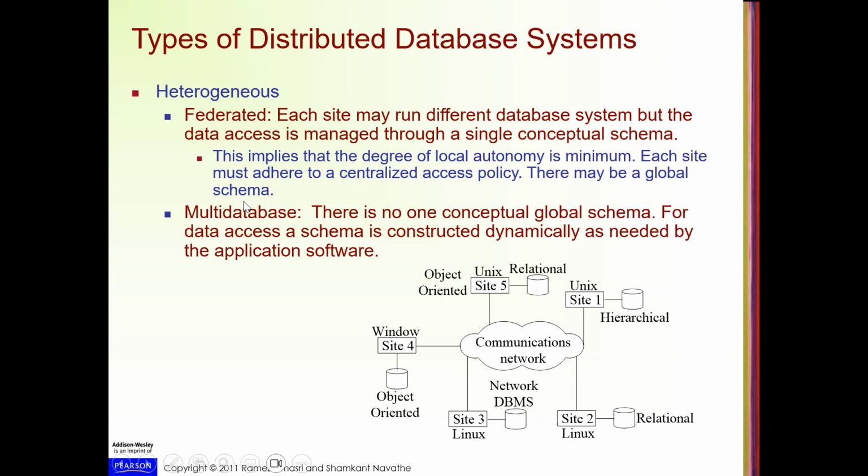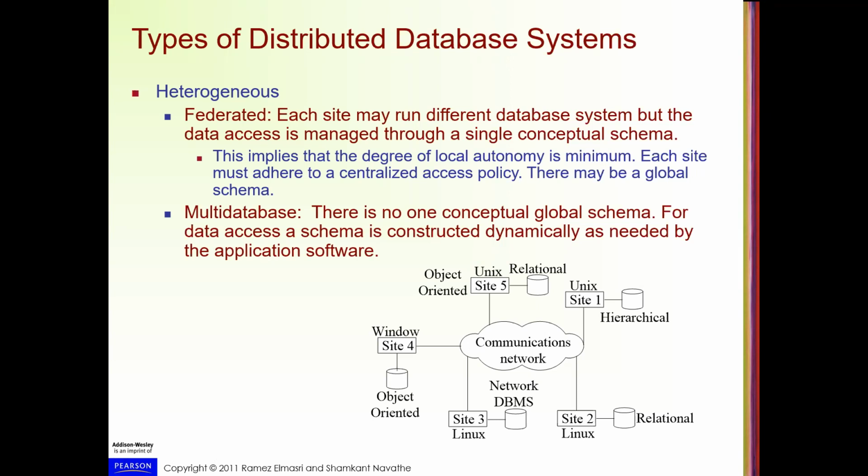There may be a global schema which is shared by all the sites. So we have only one conceptual schema, and I give my different branches the flexibility to use their own choice of database, but they have to follow my conceptual schema only. In this case, the conceptual schema becomes the global schema.